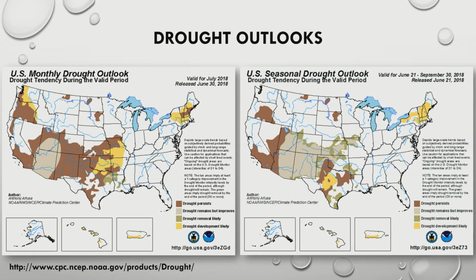On the left-hand side you've got the monthly outlook, and you can see that southern and central Utah is going to remain in drought, but with some improvement, and it's supposed to get worse in the northern sections. On the right-hand side is a seasonal forecast, which goes out a little further in time, several months.